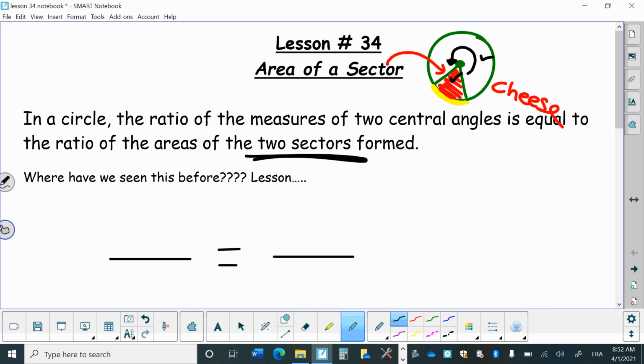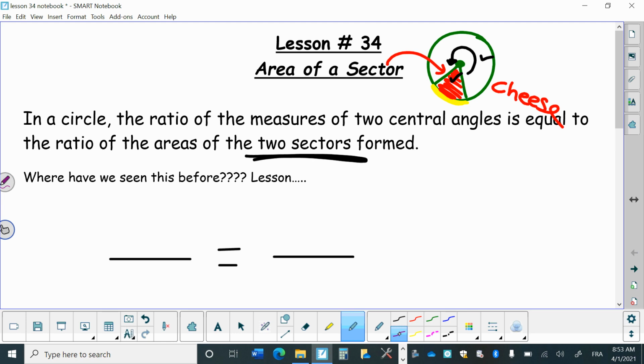We've seen this kind of lesson before when we talked about arc. That is lesson 31.